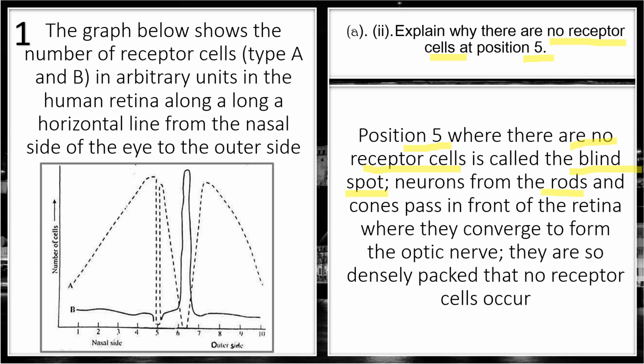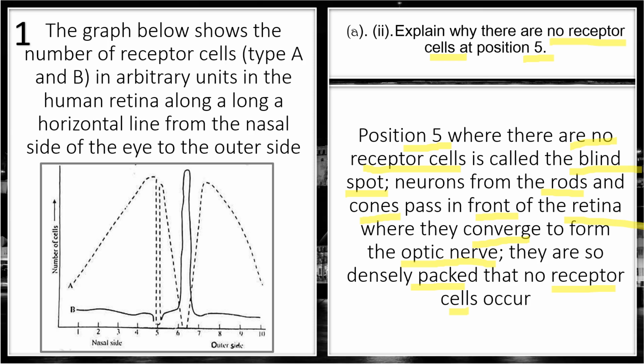Neurons from the rods and the cones pass in front of the retina, where they converge to form the optic nerve. They are so densely packed that no receptor cells occur.